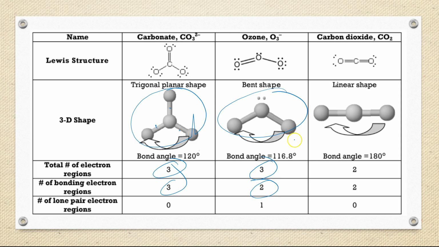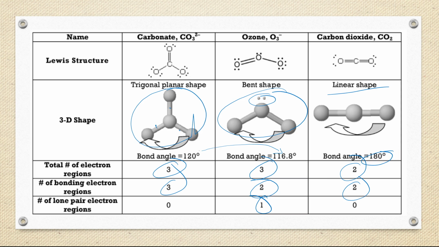Here we have 2 bonding, 1 lone pair. Notice again, 3 regions, our angle is larger than when we had 4 regions. But with our lone pair there instead of a bonding pair, our angle decreases a little bit. Of course, when we only have 2 electron regions, we get that linear shape and we maximize that spacing at 180 degrees.